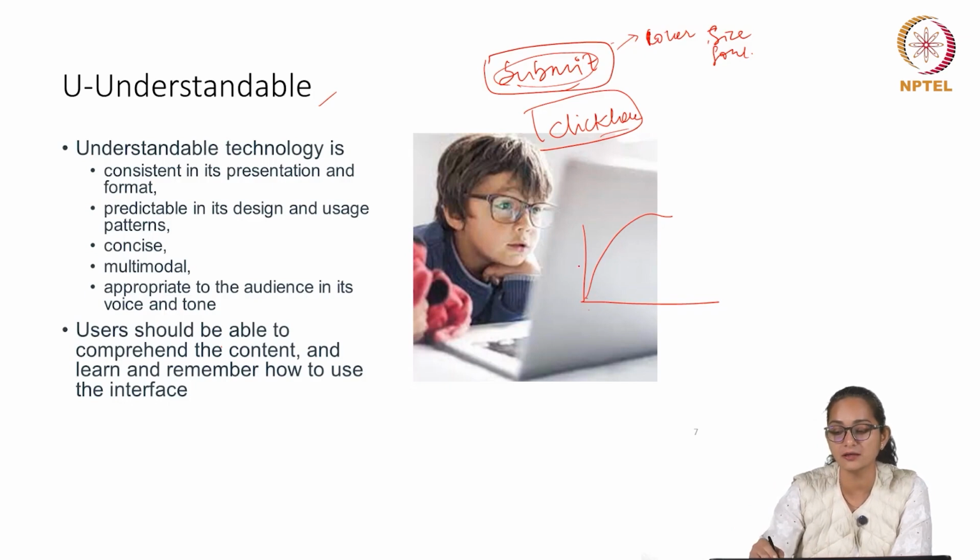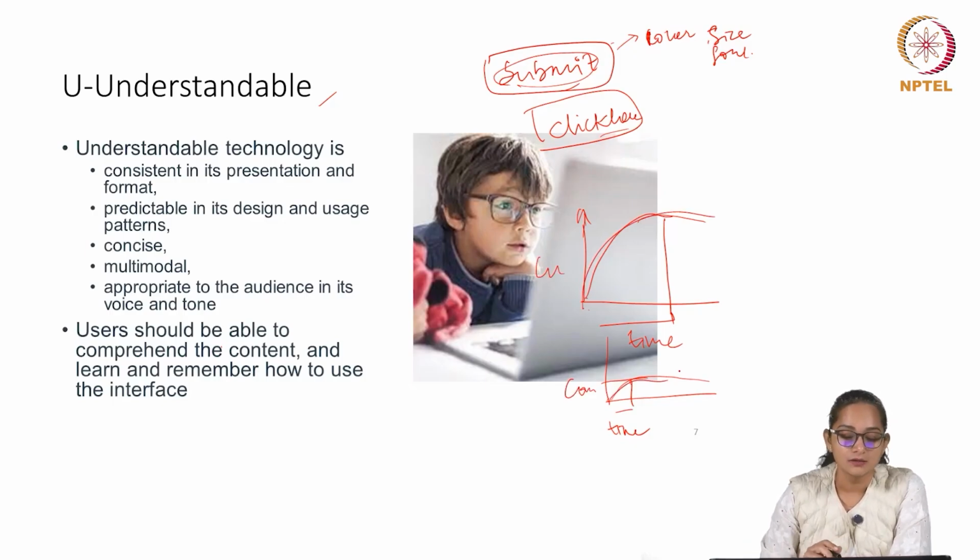But if the complexity is low, then the learnability curve can be flatter, and the time required can also be lesser. This is called a learnability curve. And then remember how to use it also.